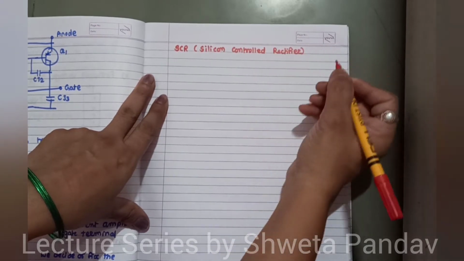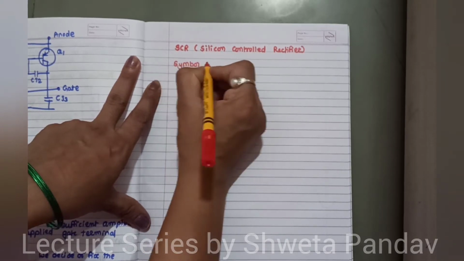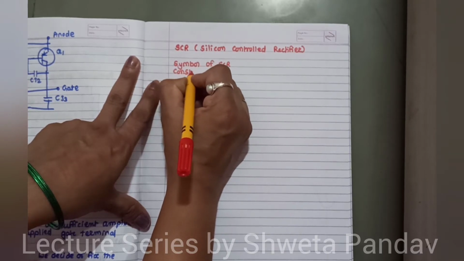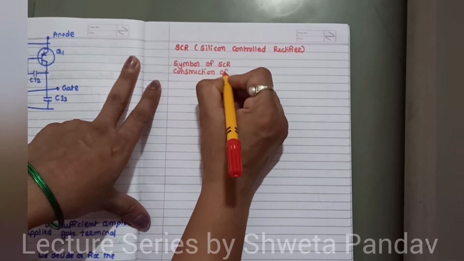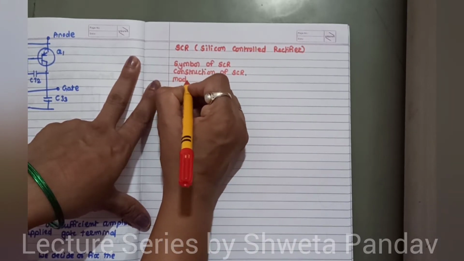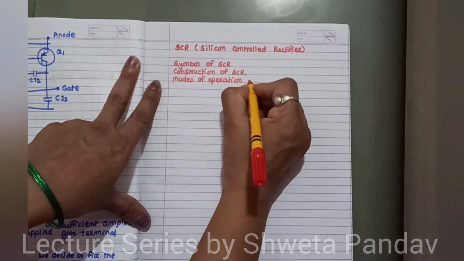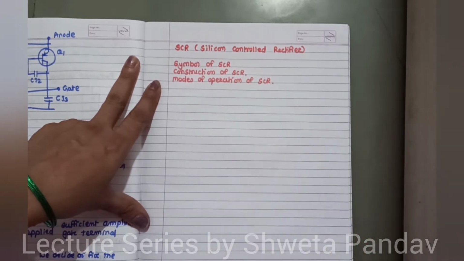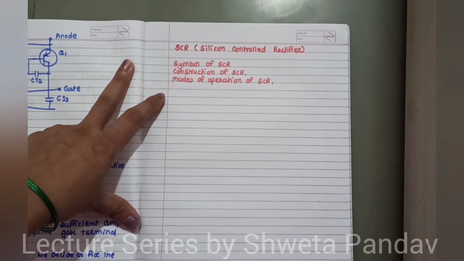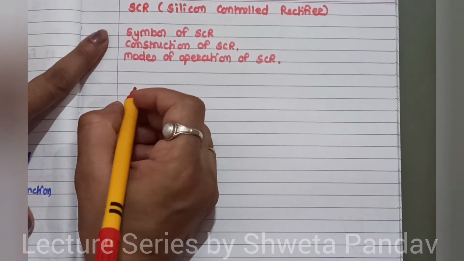In this session we will see the symbol of SCR, then construction of SCR, modes of operation of SCR. SCR is a very basic device used in power electronics.